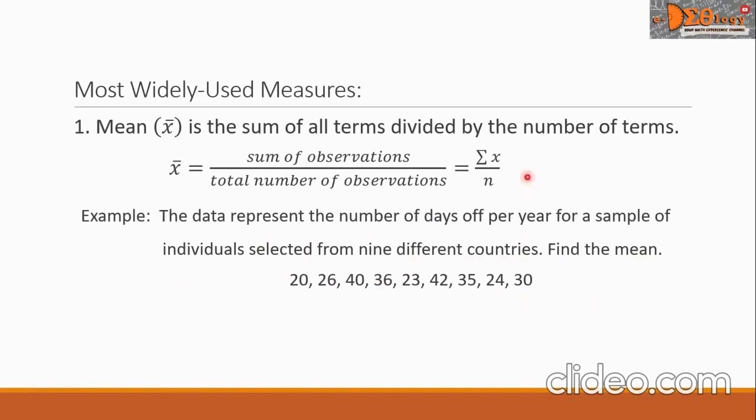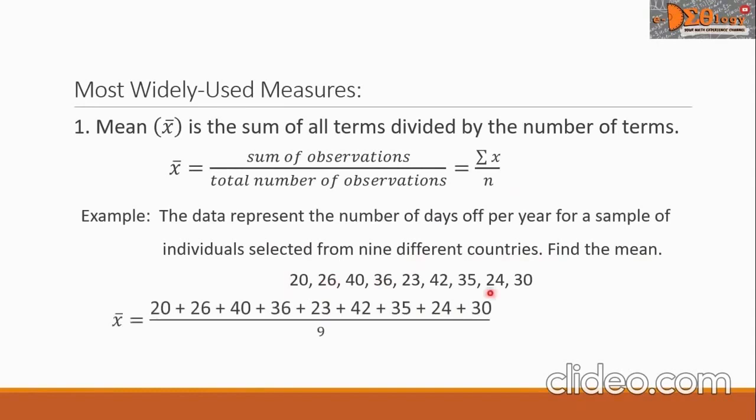Using our formula here, we will take the sum of all these numbers. So we have 20 plus 26 plus 40 plus 36 plus 23 plus 42 plus 35 plus 24 plus 30 all over 9, because there are 9 numbers here.